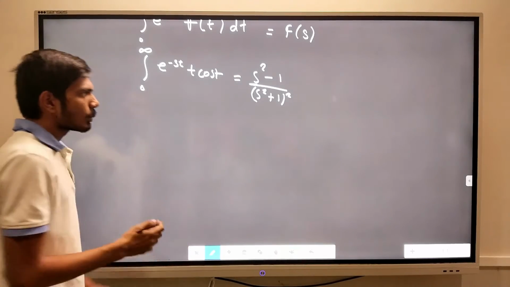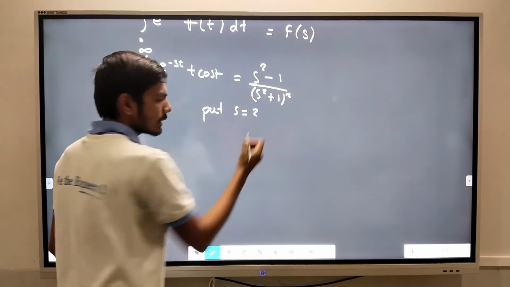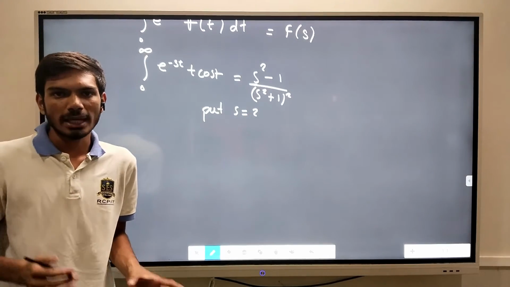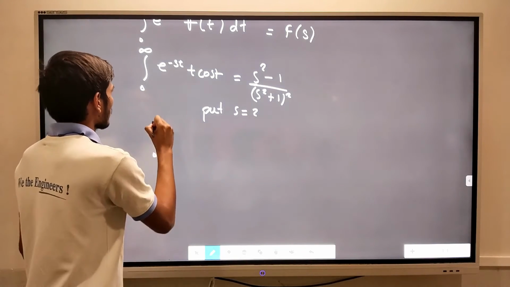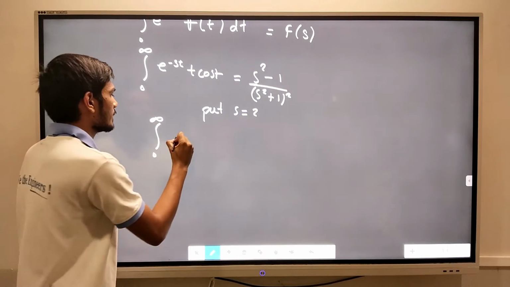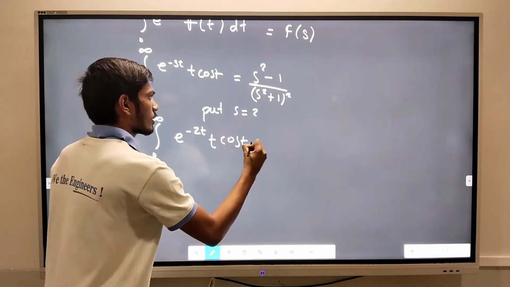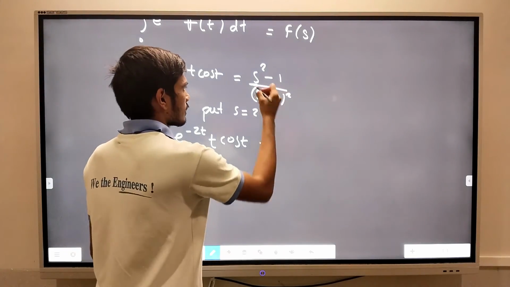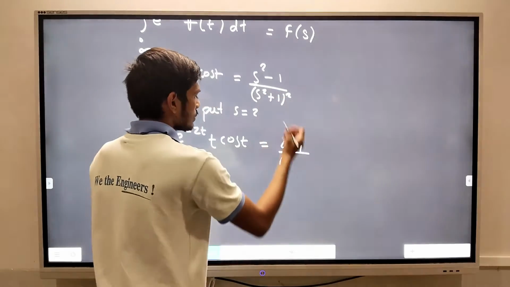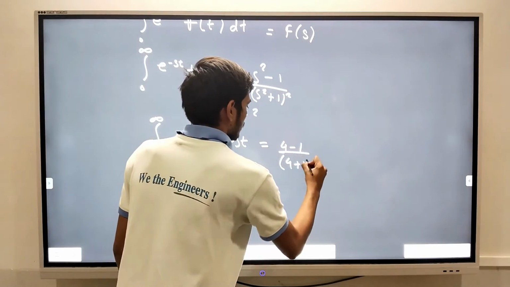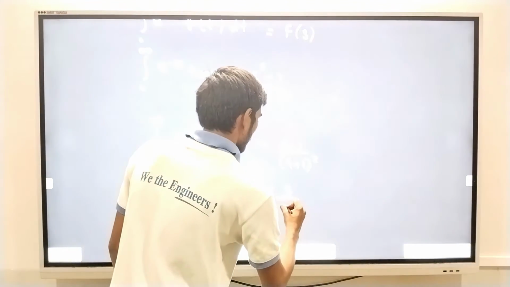Now we will put the value of s equal to 2, because in the equation we have e raised to minus 2t. So by putting the value of s equal to 2, it will be integration from 0 to infinity e raised to minus 2t t cos t will be equal to 2 square, which is 4, minus 1 upon, by putting the value of 2, 4 plus 1 bracket square, which will be equal to 3 upon 25.